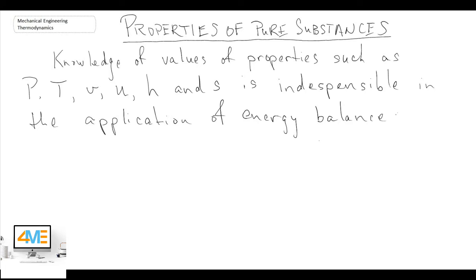So if you recall back when we talked about the first law, we were talking about being able to characterize the amount of heat or work going into a system and the change of energy. Well, these properties are used for doing those energy balance calculations.